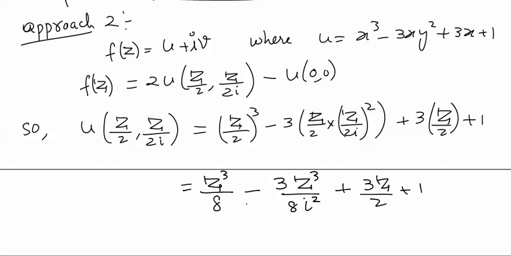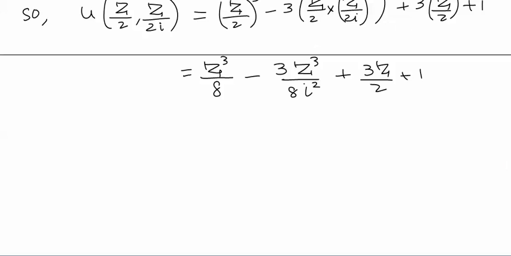Iota square is minus 1. So this can be written as z cube by 8 plus 3z cube by 8.